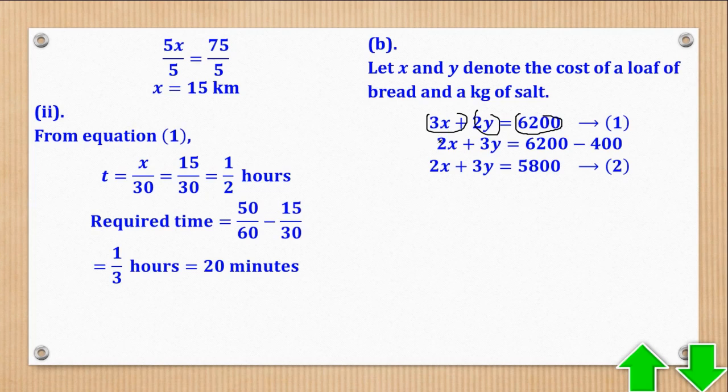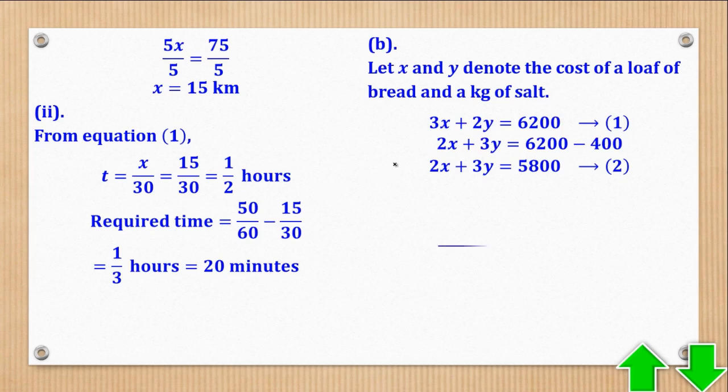But instead she bought 2 loaves of bread and 3 kilograms of salt, and she had a balance of 400. So it means that the amount used was 6,200 minus 400. When I subtract these two, I'll come up with 5,800, which gives me equation 2.